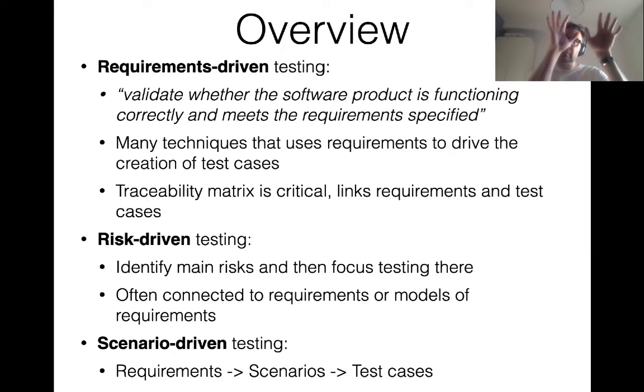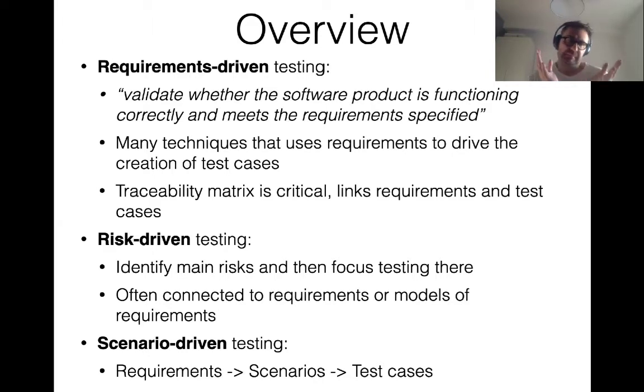So you're going to start from the requirements and ensure that you have tests that relate to all of the requirements. That's the goal. Depending on how many you have and what form they have, this can be easy or hard. So the general goal is to validate whether the software product is functioning correctly and meets the requirements as they've been specified or written down.